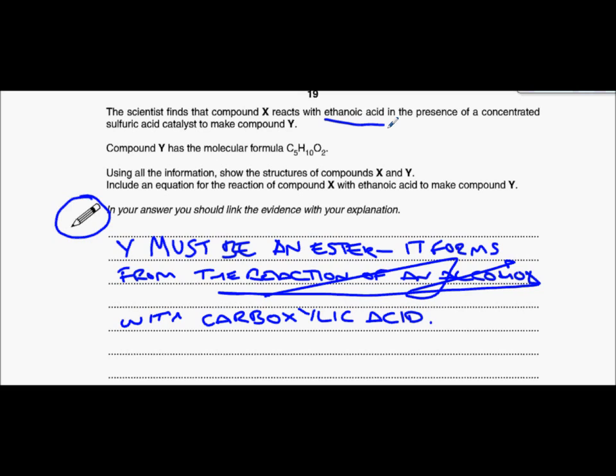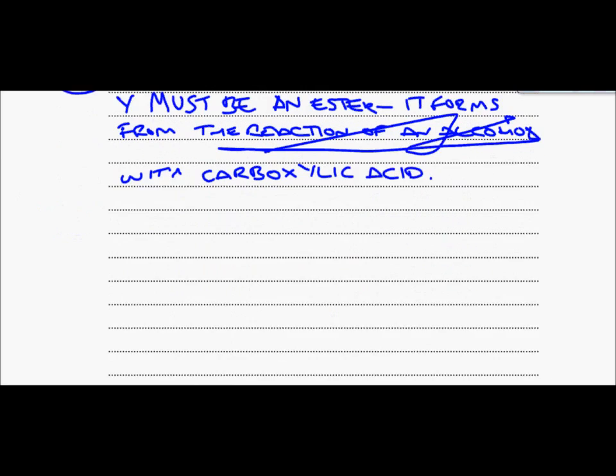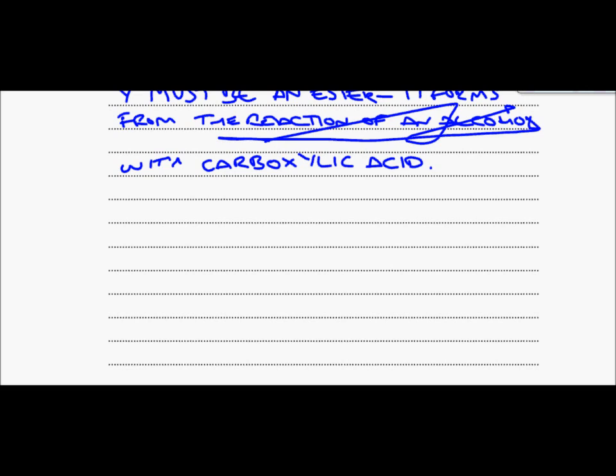It forms from the reaction of an alcohol with carboxylic acid. So now it's asking me to actually show the structure of compound Y and write an equation. So I want to actually specifically identify compound Y. So I must draw out, and I'm going to do this using the equation as well.